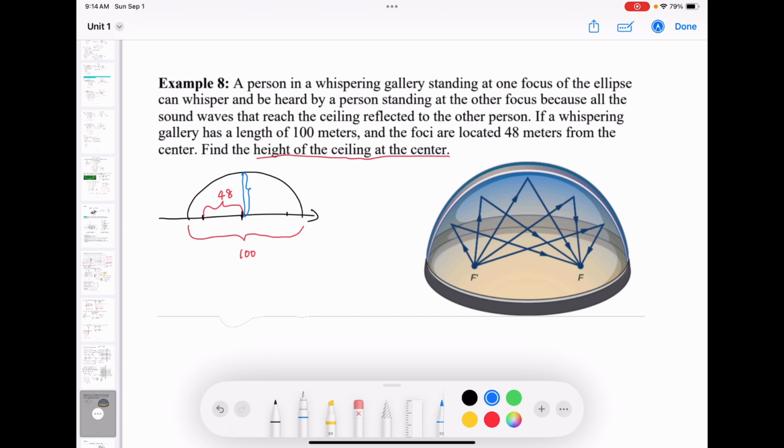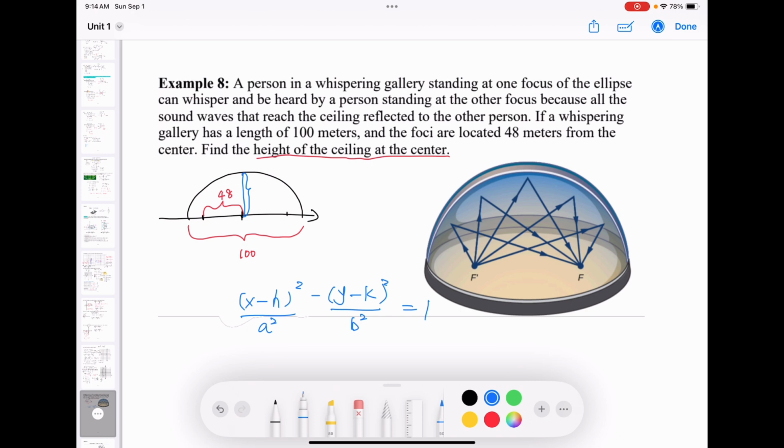Okay, so do we need to list the equation of the ellipse? For example, the major axis is parallel to the x-axis. We can say (x minus h) squared, and another one is (y minus k) squared, and the other side of the equation is 1. Under the x must be my a squared, under the y is my b squared. Do we need to find this equation?